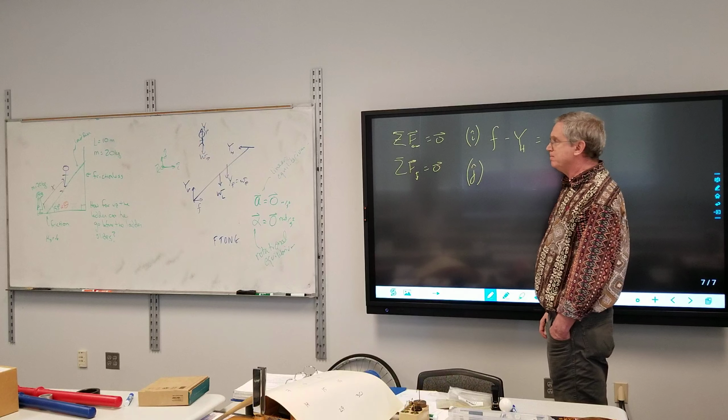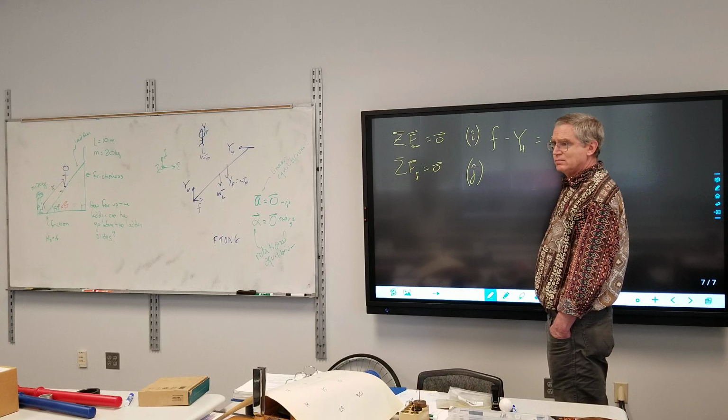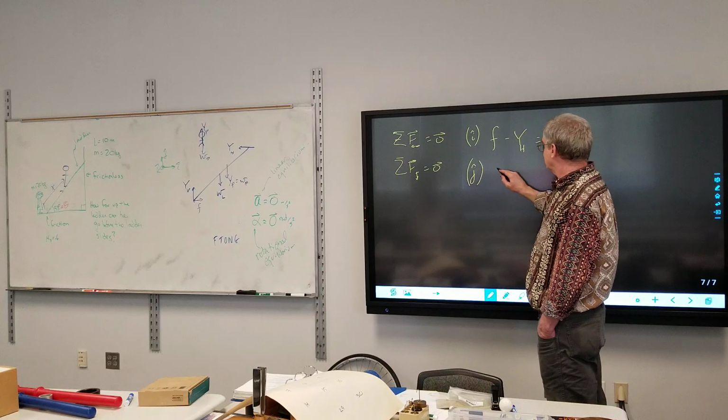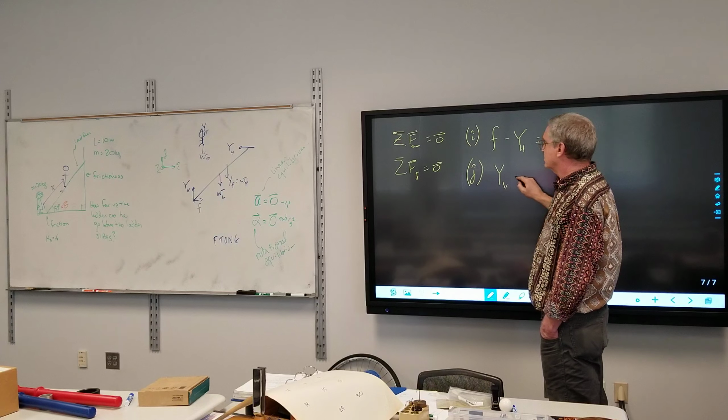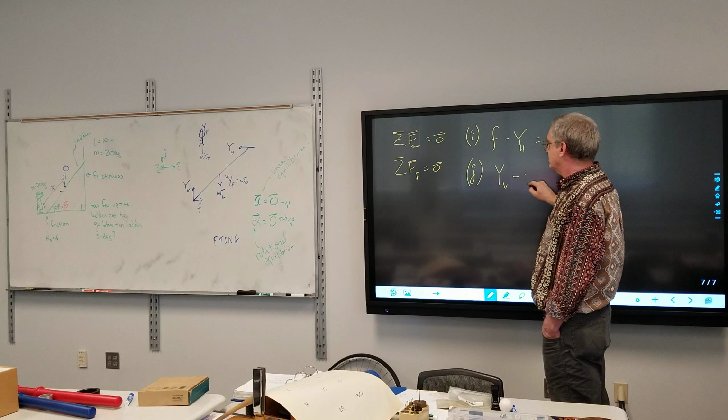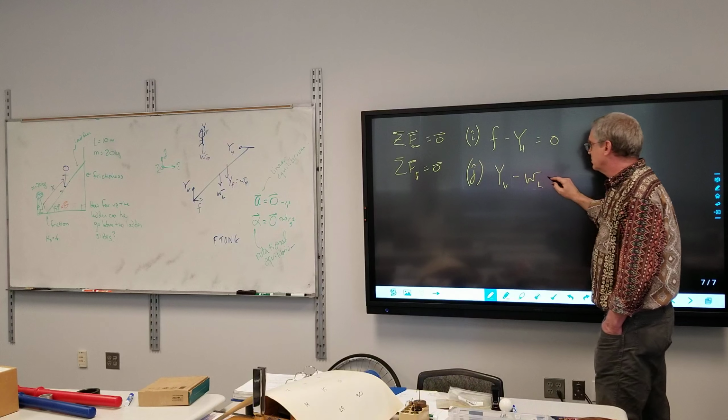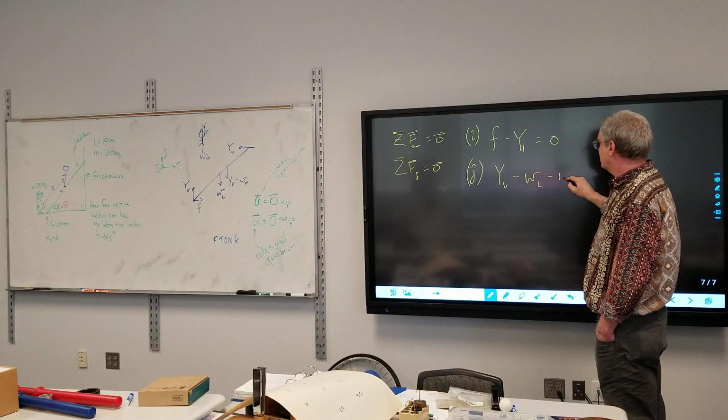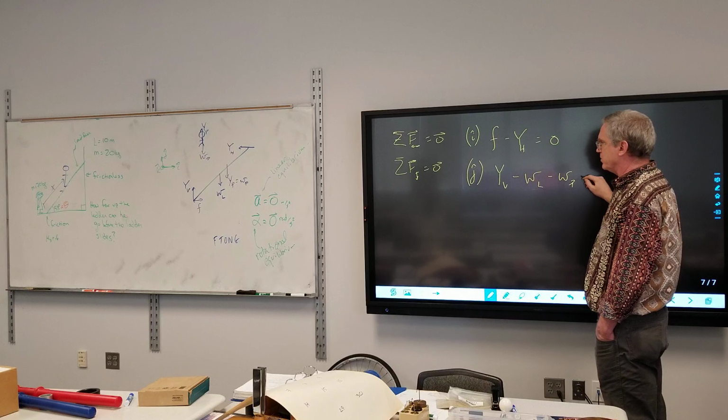My j hat equation: the normal force V minus weight of the ladder and the normal force of the person. I'm just going to substitute in weight of the person there. Equals 0.